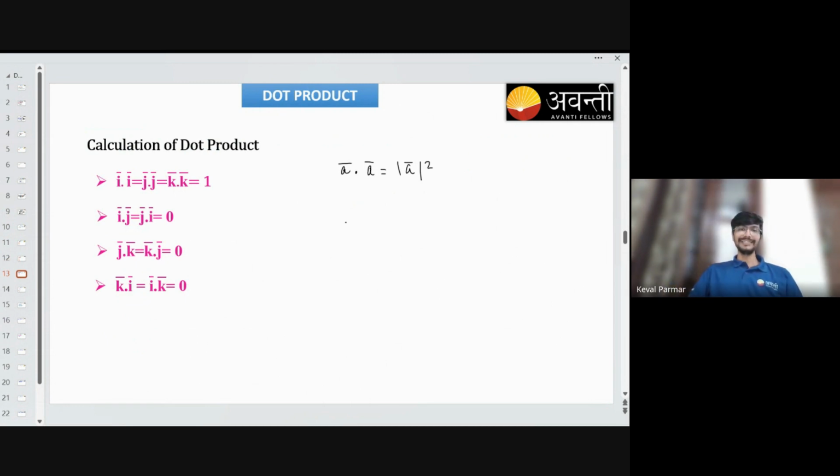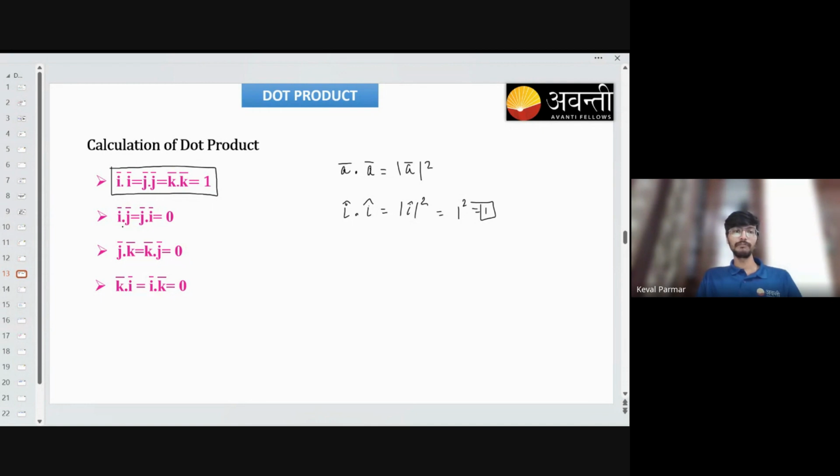So similarly, if I take dot product of I cap with itself, I'll get I cap squared. What is the magnitude of I cap? It is a unit vector, so its magnitude is 1. Therefore, the dot product of I, J, and K with itself is equal to 1.